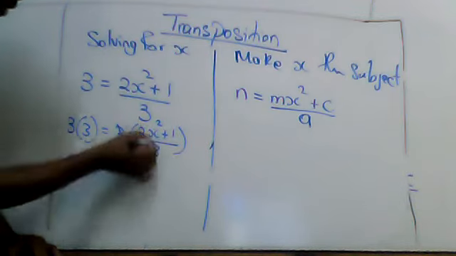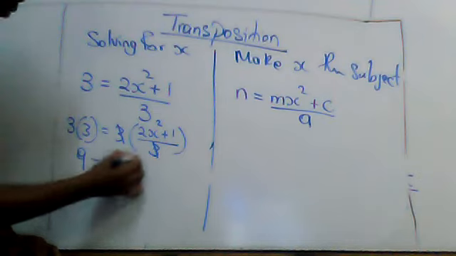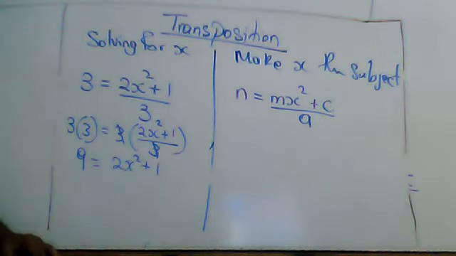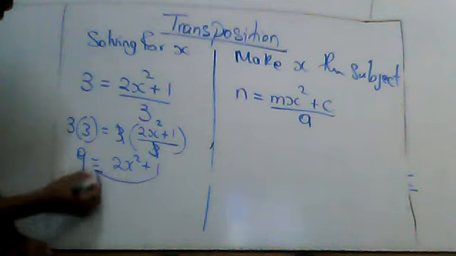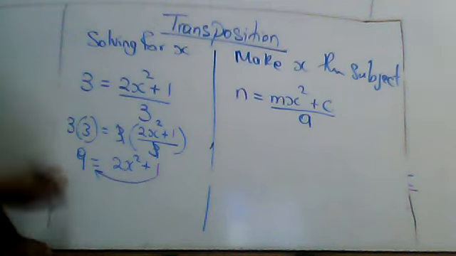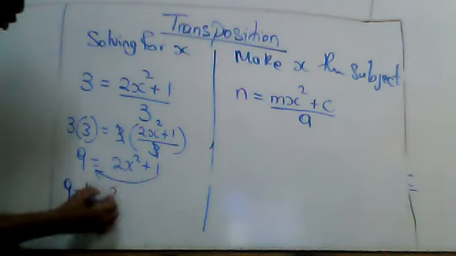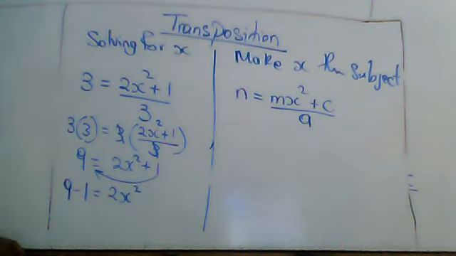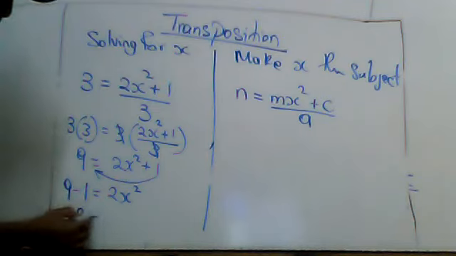Now this 3 is going to cancel this 3, so we're going to have 9 equals 2x squared plus 1. The next step, we're going to collect like terms. I'm going to bring this positive 1 over the equal sign, and it turns negative, so we have 9 minus 1 equals 2x squared. We simplify this side to get 8 equals 2x squared.